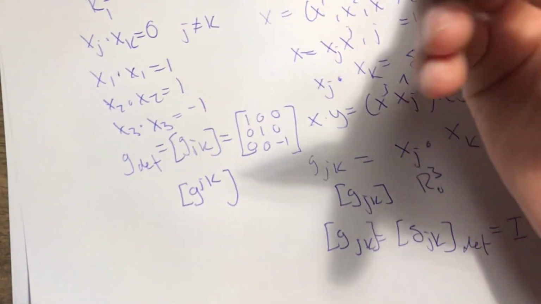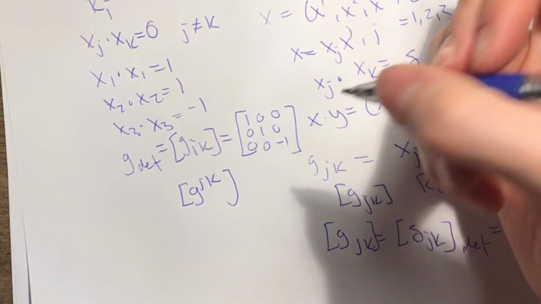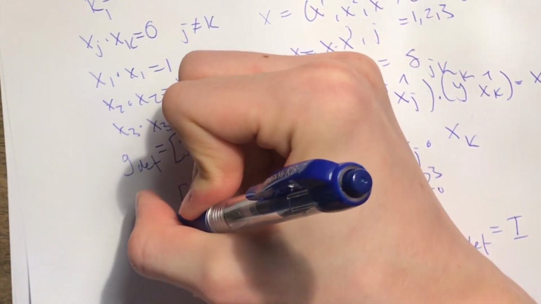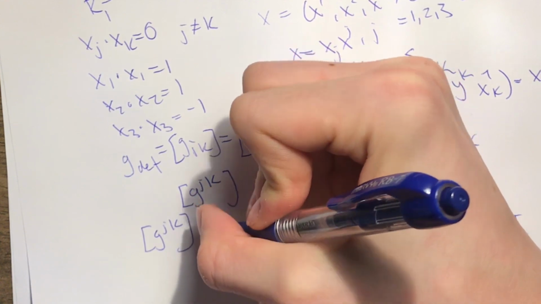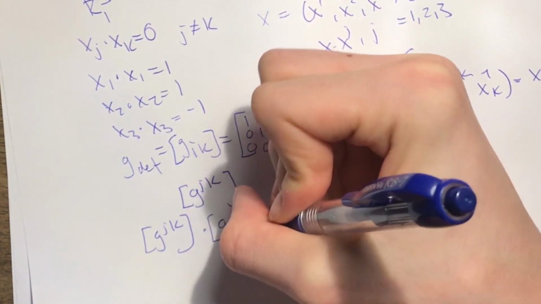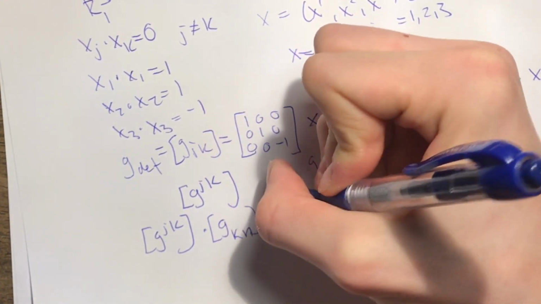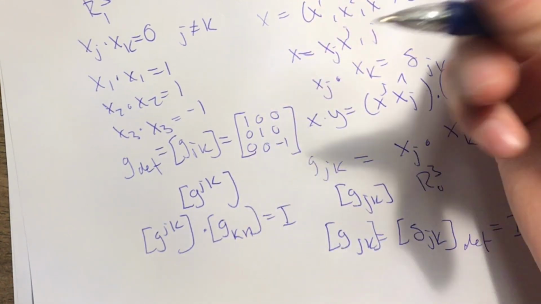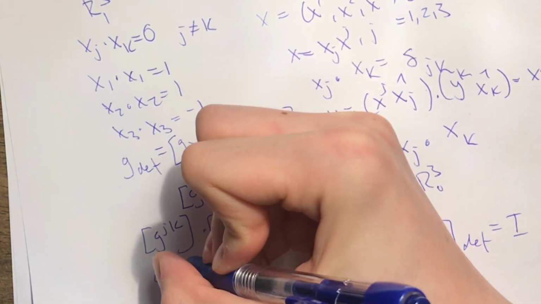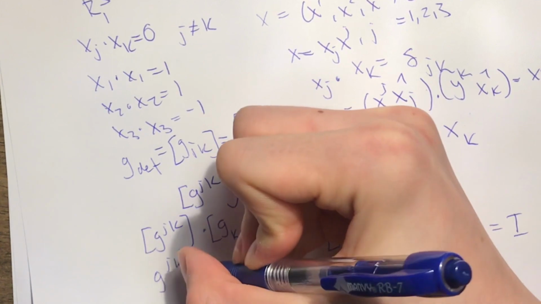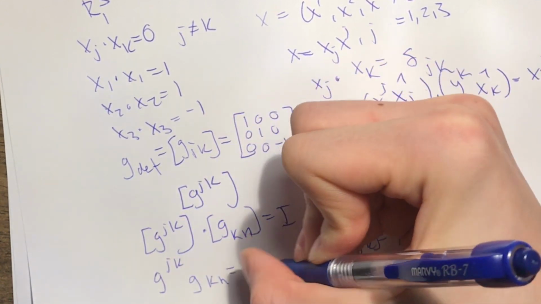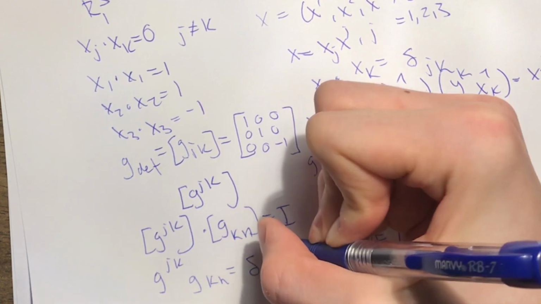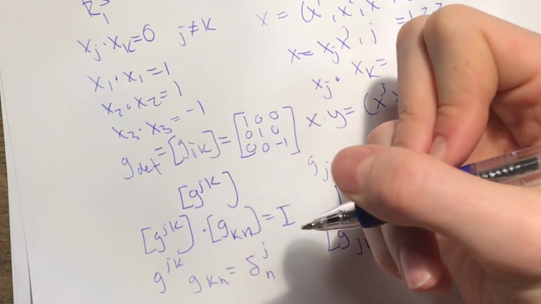It holds that gjk dotted with gkn with subscripts is the identity, and gjk times gkn is the Kronecker delta with subscript n and superscript j.